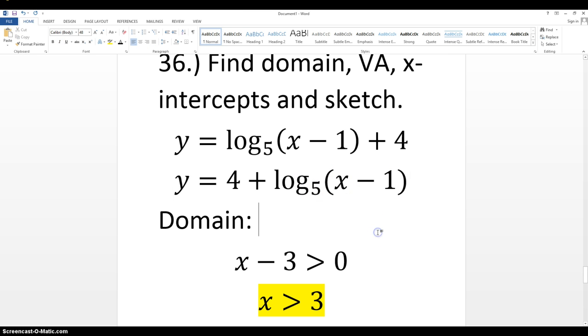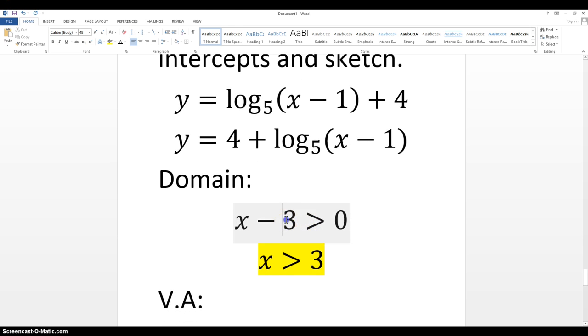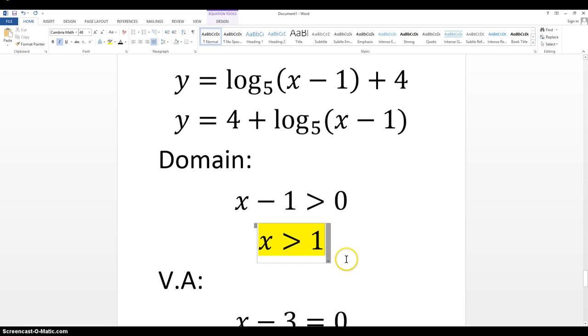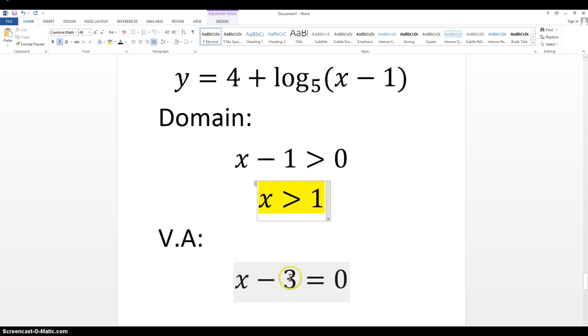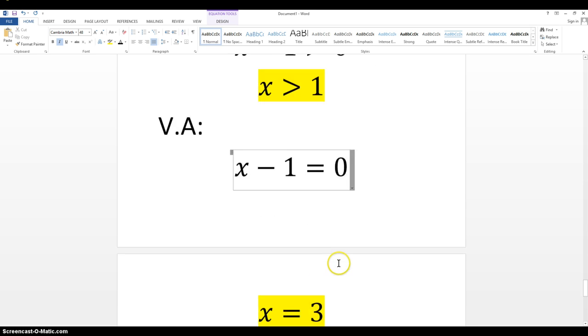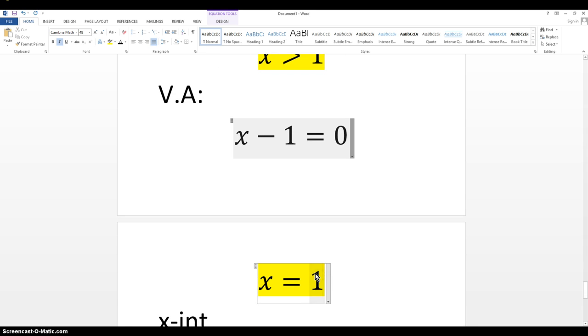Okay, so your bx plus c is everything that's inside the parentheses, so we have x minus 1. To get the domain, we simply say x minus 1 is greater than 0. Solve for x and you get x is greater than 1. To get your vertical asymptote, you say x minus 1 equal to 0. Solve for x and you get x equals 1.